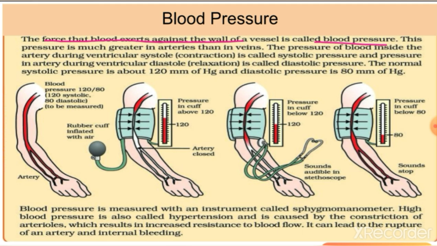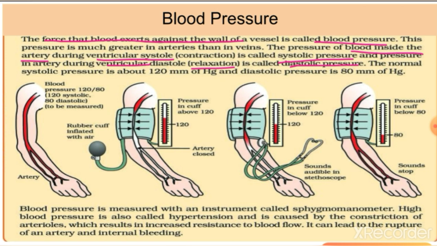The pressure by which the blood flows inside the arteries during the ventricular systole, or when the ventricles contract, at that time the arteries receive more force. That pressure is known as systolic pressure. And when the pressure is applied on the walls of arteries during ventricular relaxation, that pressure is known as diastolic pressure.